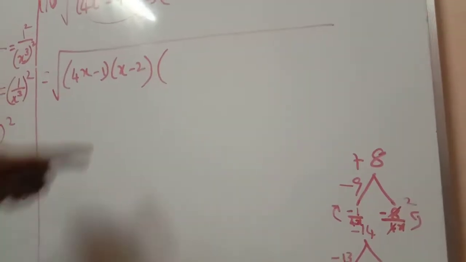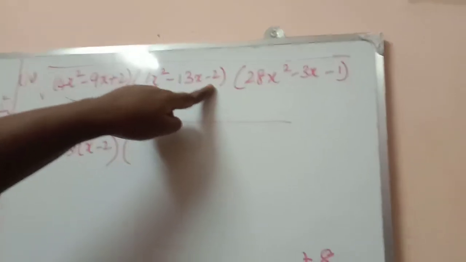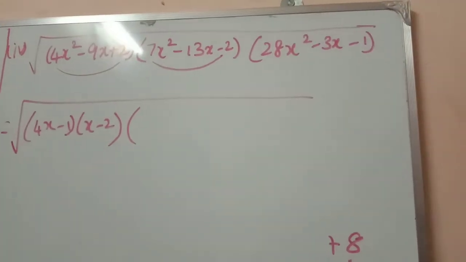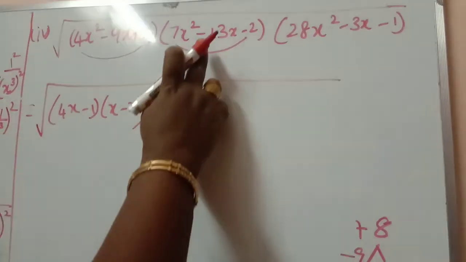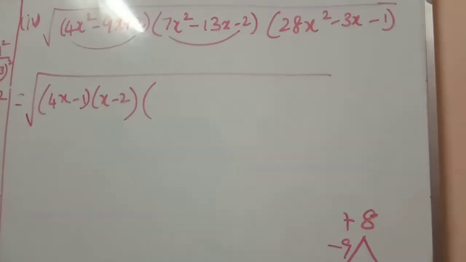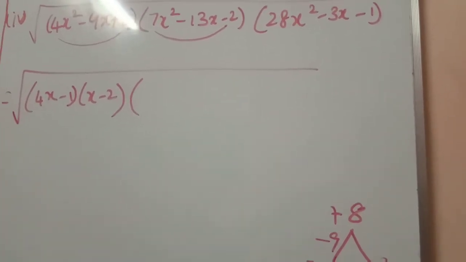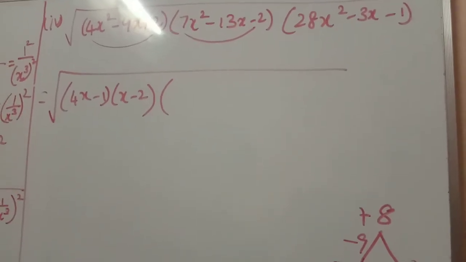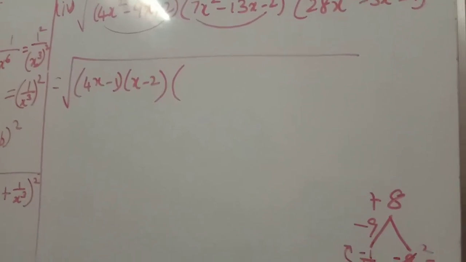Next, 7x square minus 13x minus 2. Multiply coefficient of x square and constant. So minus 14. We want the factors. We want to write minus 13 here, coefficient of x. Now 14. 1 14 is 14. Okay. If you add, we will get 15. If you subtract, we will get 13.